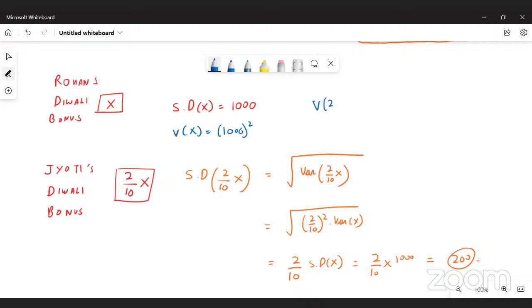Then find the variance of 2/10 times x, which would be 2 squared by 10 squared times 1,000 squared. Then solve this value and compute the standard deviation. That's also right, but from a time perspective, I will go by the earlier approach, which is shorter; this one is a bit lengthier. Okay, sir, got it. Thank you. Anything else?